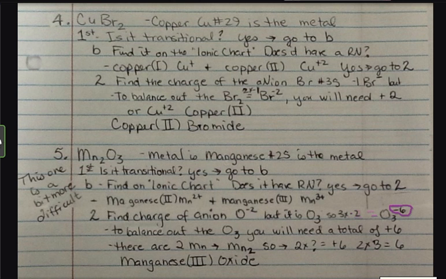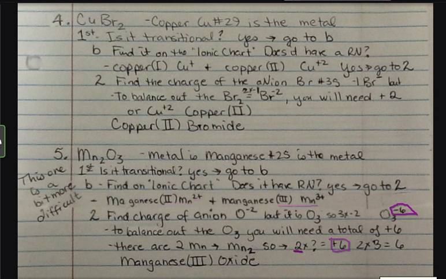So now we're going to have to take our anion, the oxygen, and balance it out. So we're going to need a total of +6. There are 2 manganese, Mn2. So what charge do we need, manganese 2, with a +2, or manganese 3, to be able to get a total of +6, to be able to balance out our -6 on our oxygen?